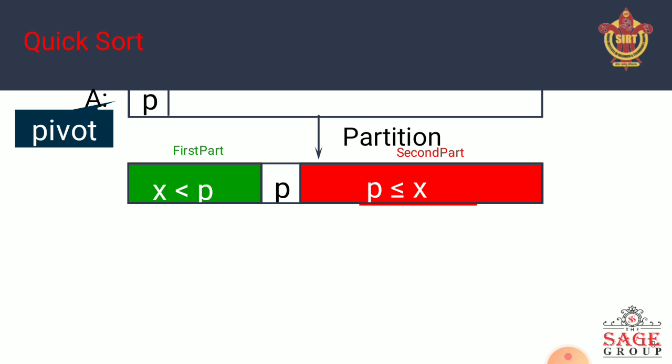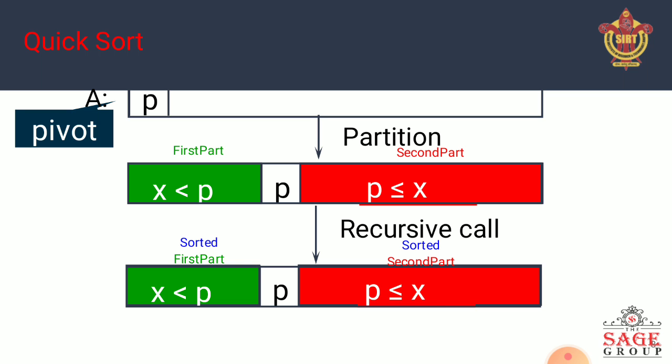So with the help of partition, the pivot element divides the list into two parts. The green part represents the elements lesser than the pivot, and the red part represents the elements greater than or equal to the pivot.